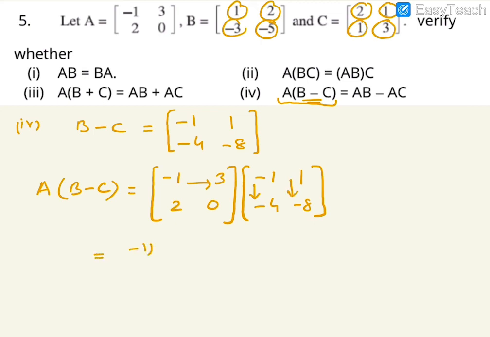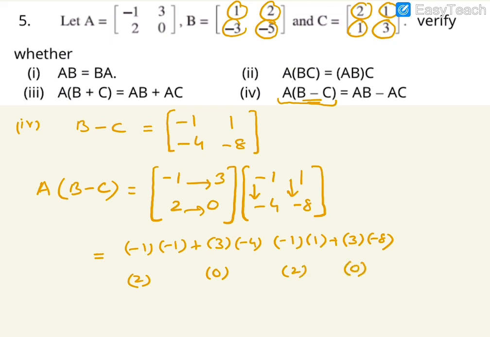So what we will get: minus 1 into minus 1 plus 3 into negative 4, minus 1 into 1 plus 3 into minus 8. Now second row, 2 into 0, 2 and 0. Just write like this, and column elements just copy from above.